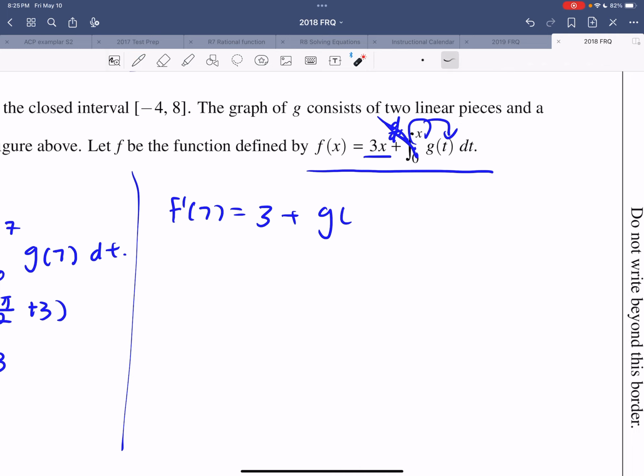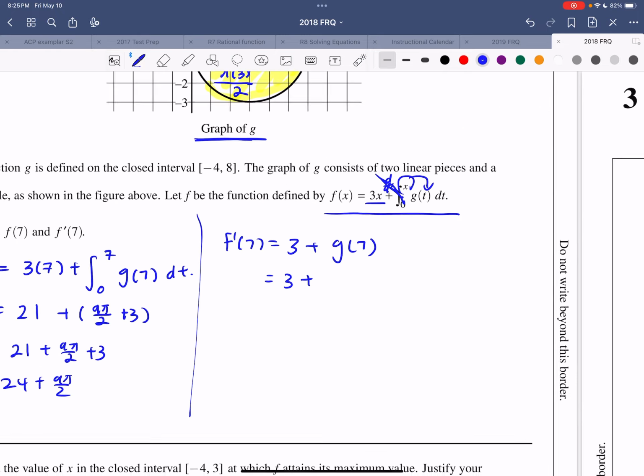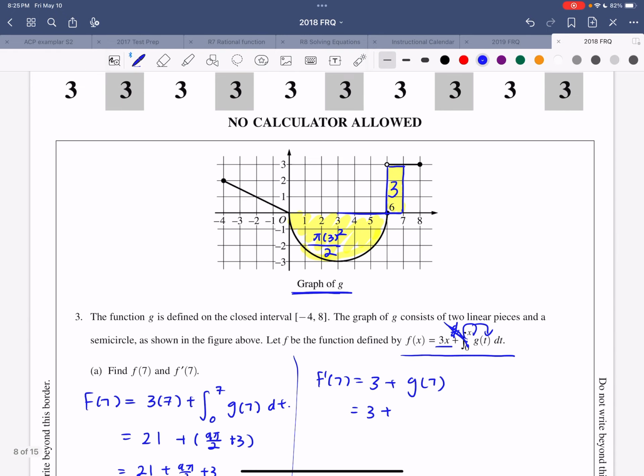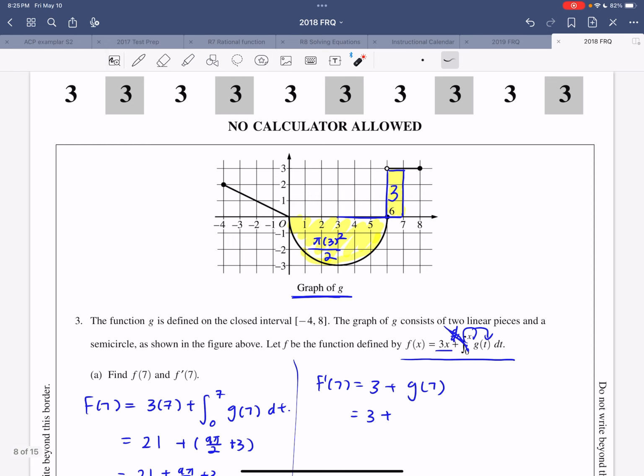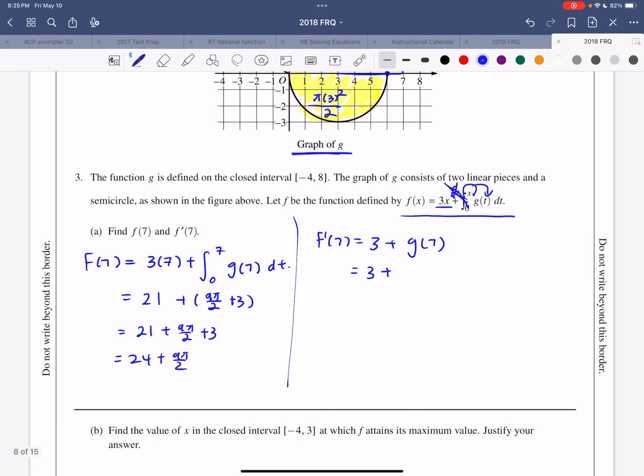But again, we are looking for 7, so instead of x, I'm going to plug in 7. So 3 plus, what's g of 7 going to be? When x is 7, the y value is equal to 3. So 3 plus 3 is going to be 6.